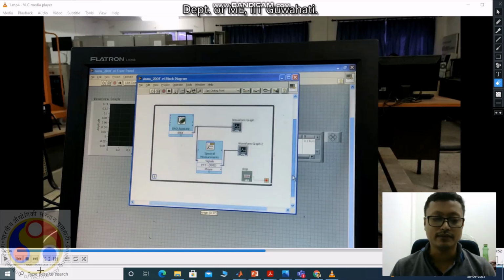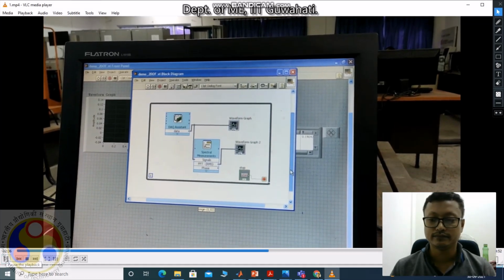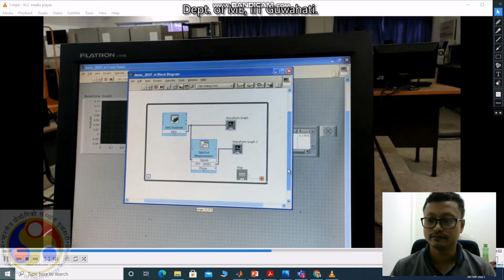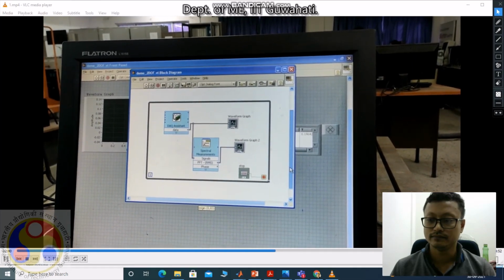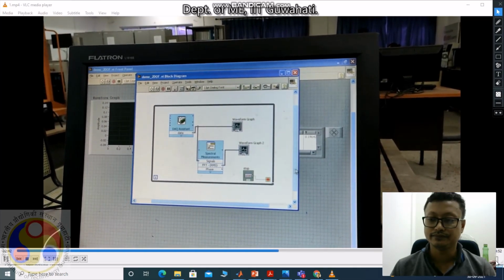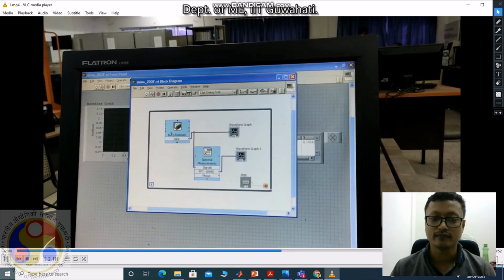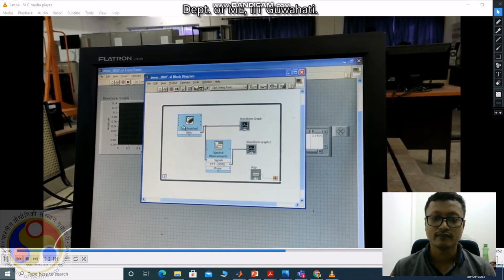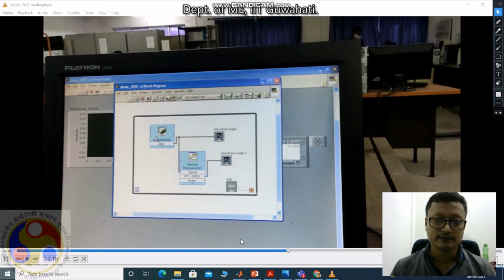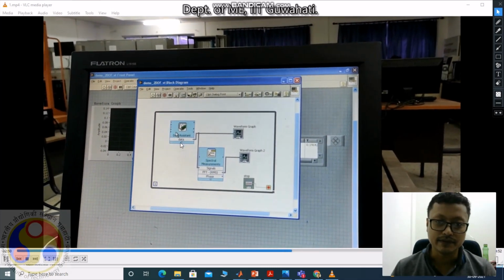In the meantime, I will also show you how to do the settings again. So this is the DAQ.